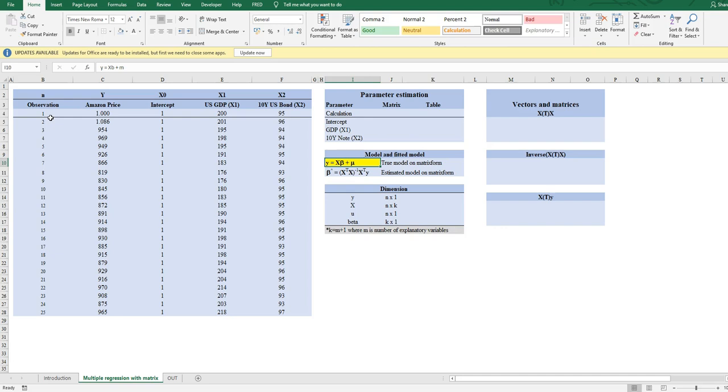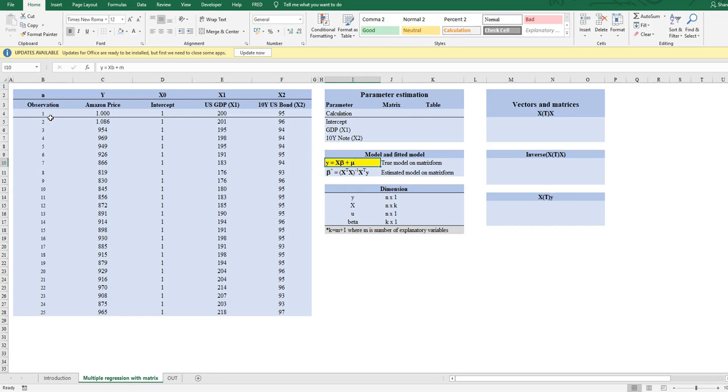On the first expression on the right hand side of the equality sign we have X, and X is a matrix with the explanatory time series and one more, which is a unit vector that takes into account that we need ultimately to have a constant term in the regression as well.